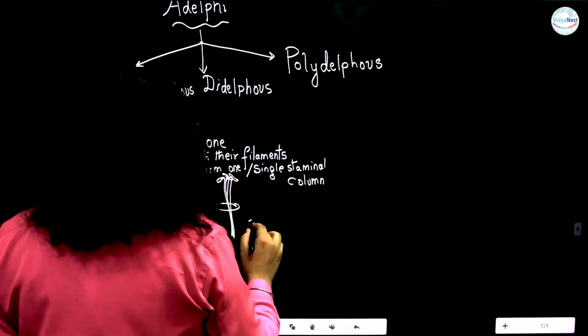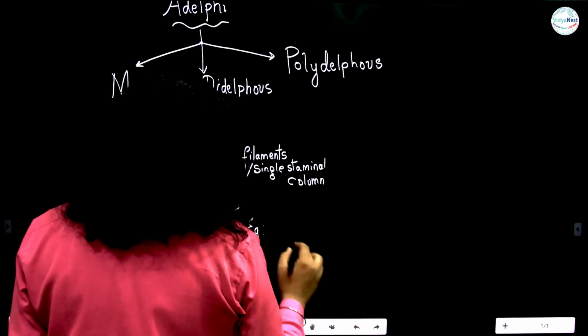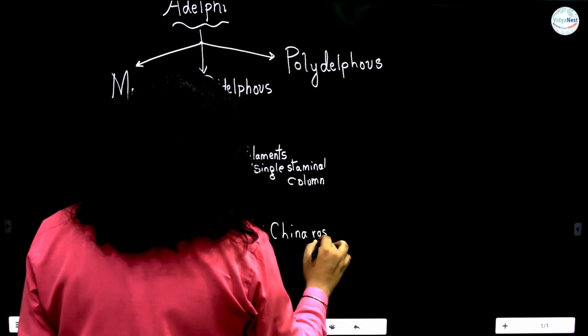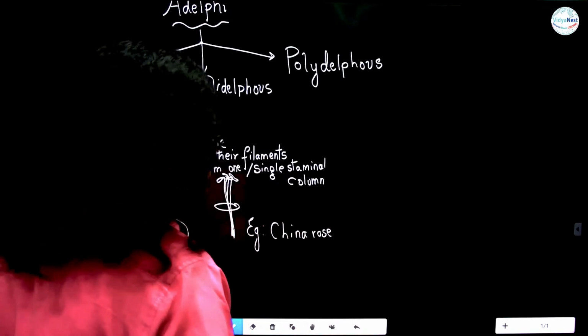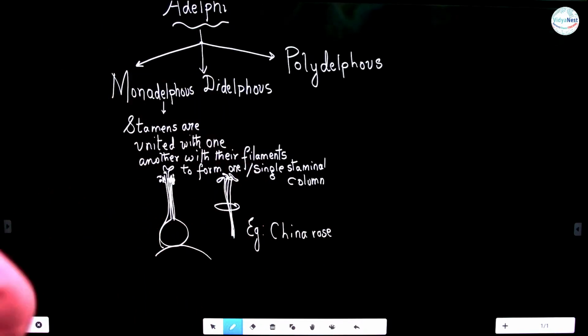It is found in hibiscus, or you can simply write China rose. Clear? So this is what is known as monadelphous stamen. Understood? Clear. Yes.